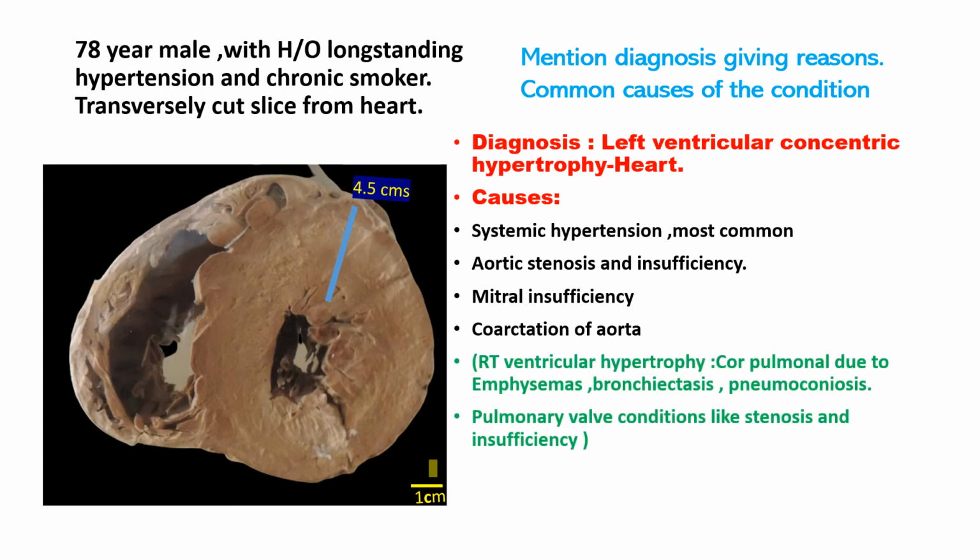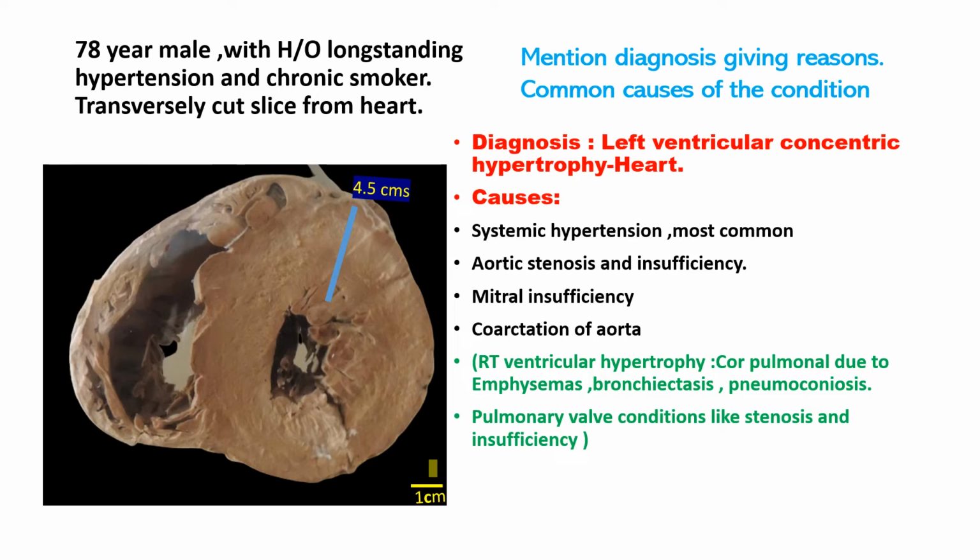With this specimen, a question may be asked: what are the causes of right ventricular hypertrophy? Actually, right ventricular hypertrophy invariably is the result of primary pulmonary disease, what is known as cor pulmonale. Primary pulmonary disease may be in the form of emphysema, bronchiectasis, pneumoconiosis.